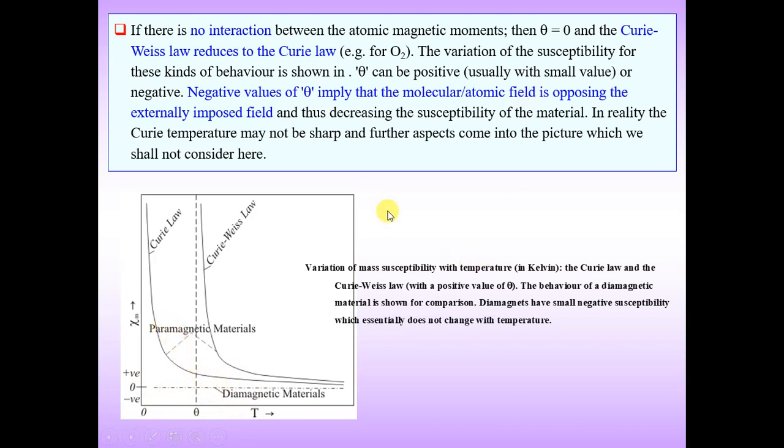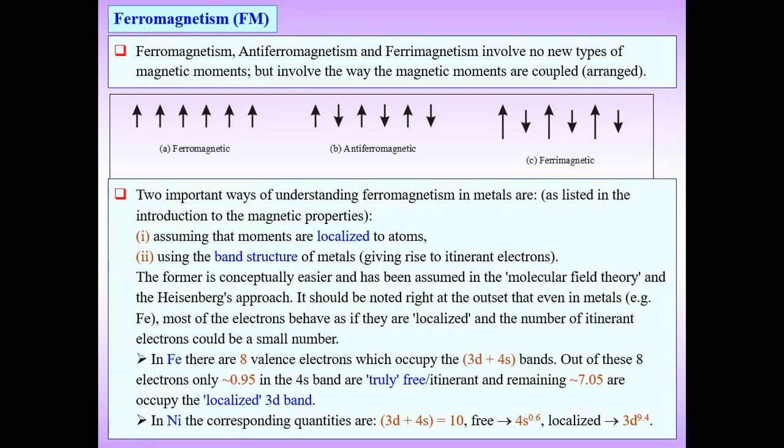This shows the variation of mass susceptibility with temperature in kelvins, the Curie law and the Curie-Weiss law with a positive value of theta. The behavior of a diamagnetic material is shown for comparison. Diamagnetic materials have a small negative susceptibility, which essentially does not change with temperature.